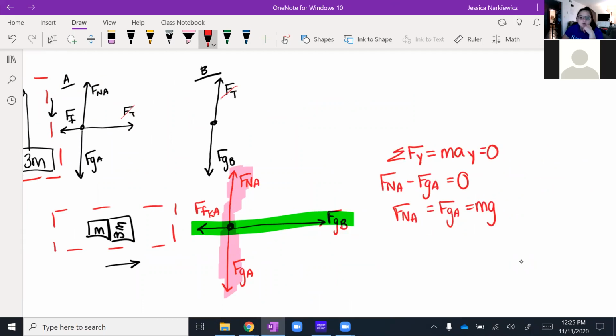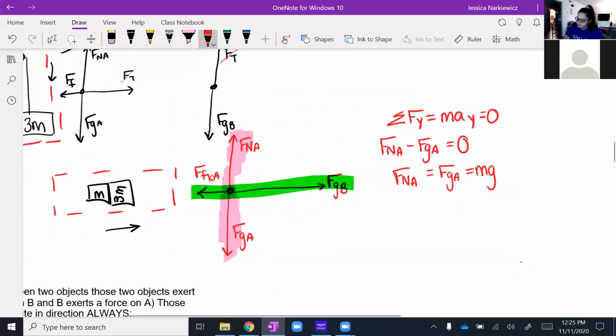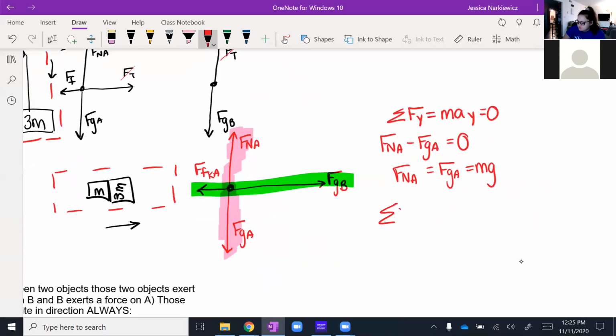Now, because we're not dealing with the actual equation for the force of friction, knowing this normal force isn't really useful to us. But once we get into actually calculating forces of friction, that's when normal force does become useful. And then we have the net force in the X direction, which is that green highlighted direction.